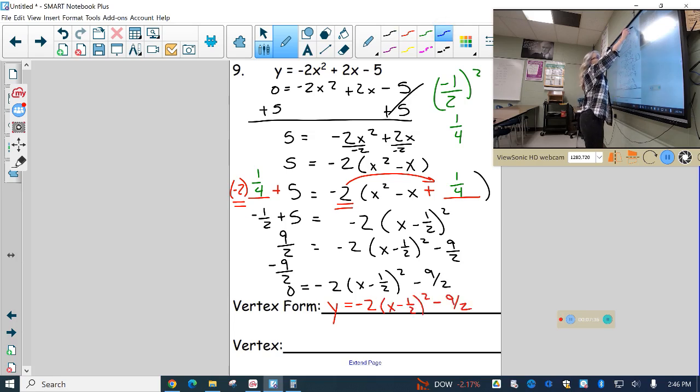My vertex is always just going to be my (h, k). Remember, h is opposite, so it says negative 1/2, but the vertex is actually positive. If you wrote that as a fraction or as a decimal, it'd be 0.5 and then negative 4.5.